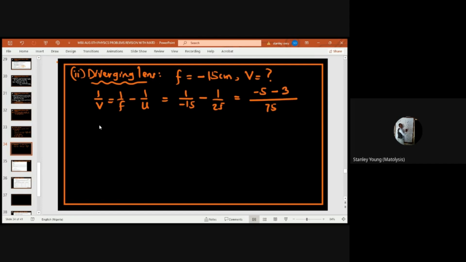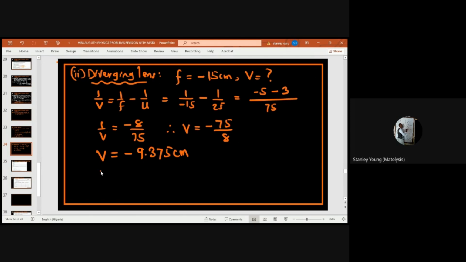So we have 1 over v equals negative 8 over 75. This implies that v equals negative 75 over 8. If we put that in decimal form, we have negative 9.375 centimeter.